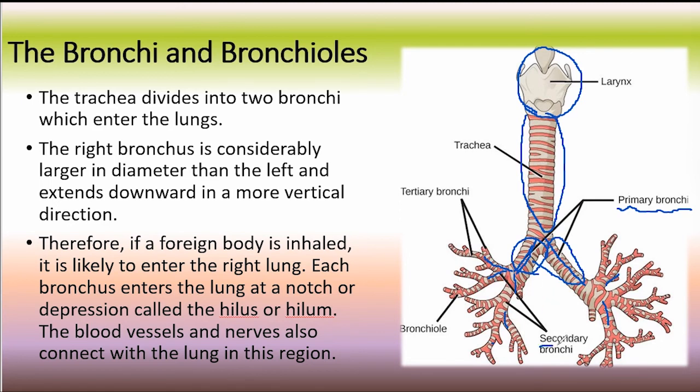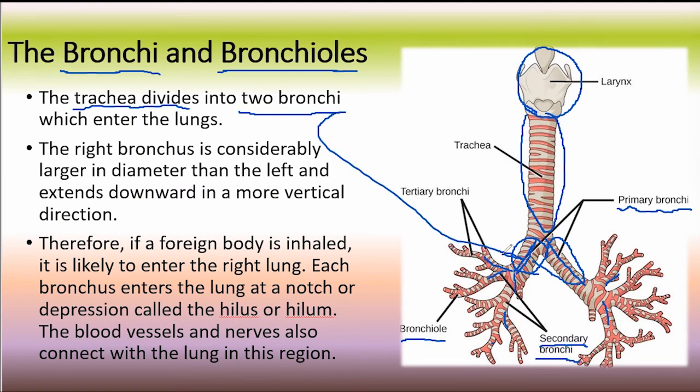Coming from the pulmonary bronchi, we call them secondary bronchi. Then we get more, smaller ones. Finally, we call them bronchioles. So that's the bronchi and the bronchioles. From the trachea, we divide into two bronchi first.